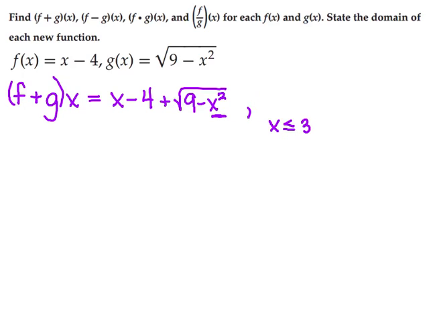Now we've got one other issue. Negative 3. Because if you square it, that becomes like 3. And so I need to think about, if it was less than or equal to 3, it also is greater than or equal to negative 3.